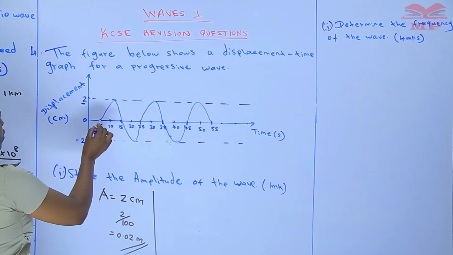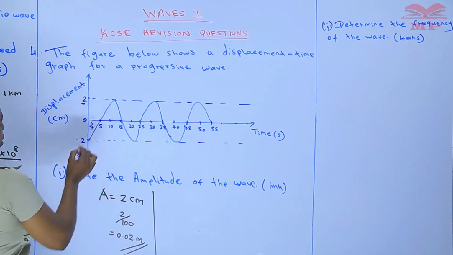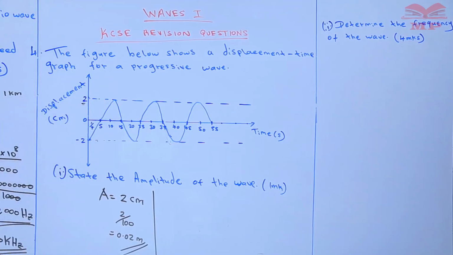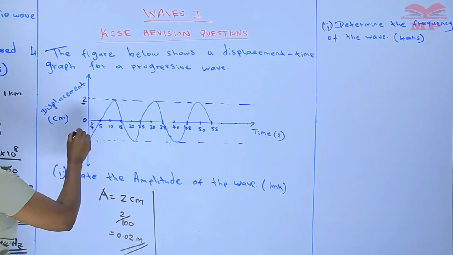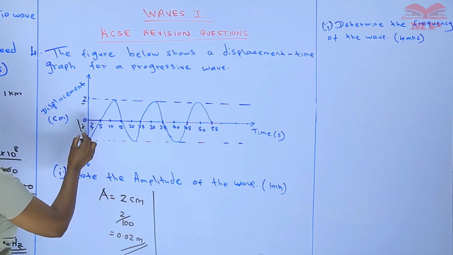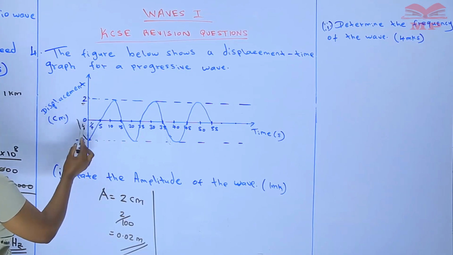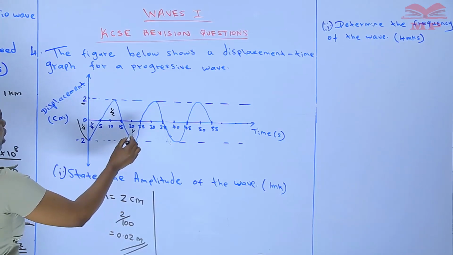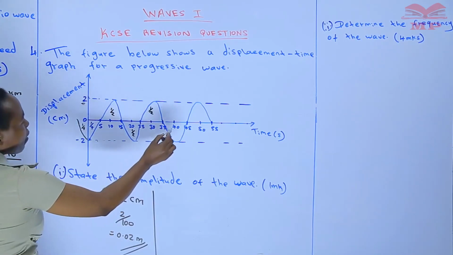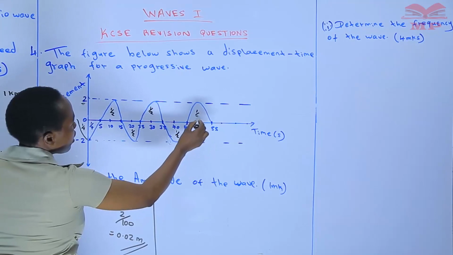So if you look at this part, this is a quarter of a wave. Because if it were to continue the other way, then this would be another quarter making a half. So this is a quarter, this is a half, this is a half, this is a half, this is a half, and this is a half.